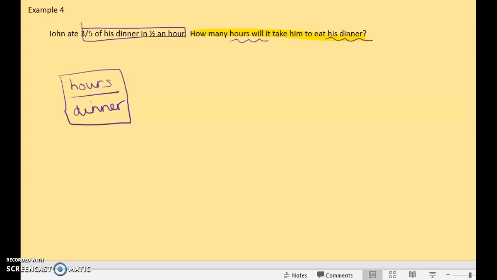So hours is the half over dinner is the 3/5. And we know that this is division, so 1/2, this line is divided by 3/5. How do we divide fractions?